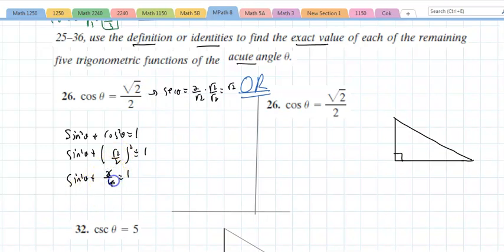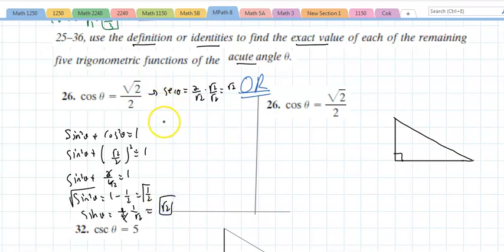That's 1/2. And I could say the sine squared of theta is 1 minus 1/2, which is 1/2. And if I square root both sides, I would say the sine of theta is plus or minus 1 over radical 2. I can't take the negative because the angle is acute. And if you rationalize, that's radical 2 over 2.